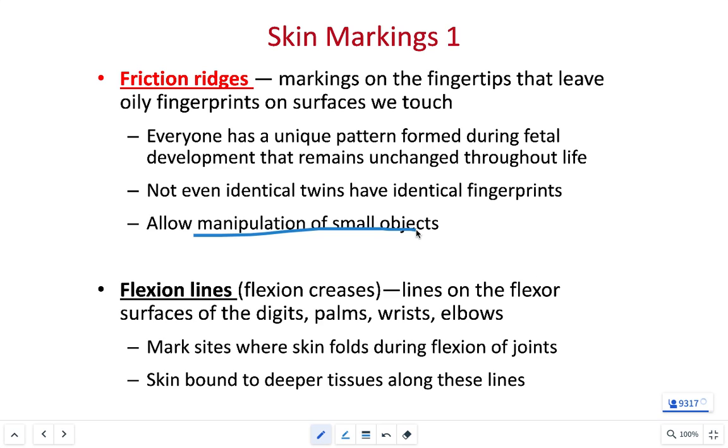In terms of clinical significance, when you are working with a patient and you're making an incision, you always want that incision to be parallel with their flexion lines, because it's easier to stitch up and there'll be a higher success rate of healing the incision. If an incision is ever made perpendicular to a patient's flexion lines, that incision has a tendency to rip open constantly and will heal slower.